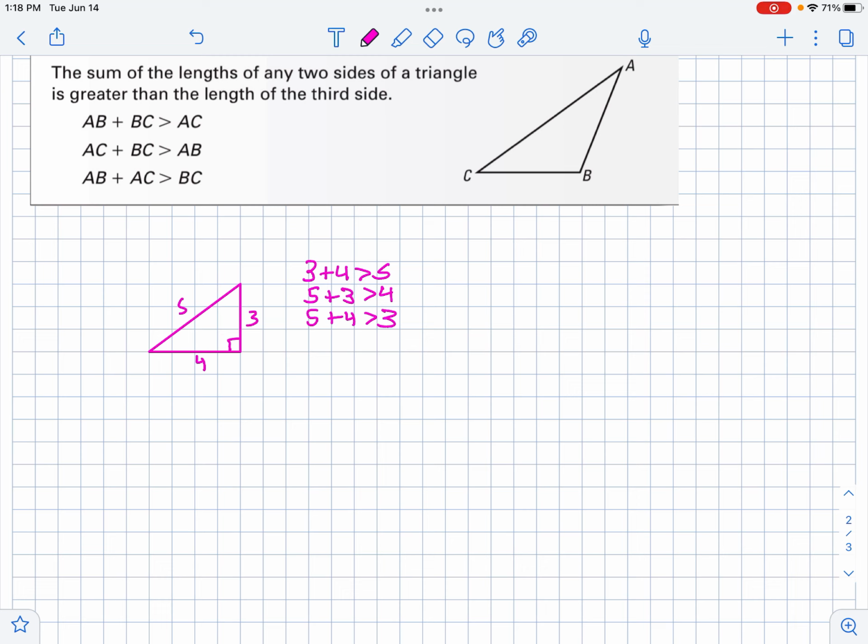Let's suppose you have a triangle and one side is 10 units and another side is 14 units. And what we want to figure out is, what are the ranges of lengths of the other side? In other words, how small can that other side possibly be and how big can it possibly be? Well, let's call that other side x.